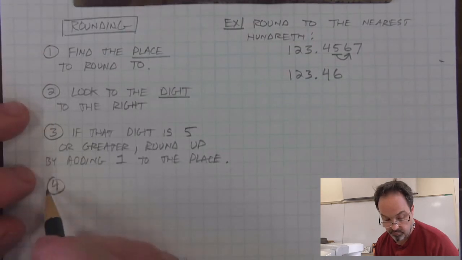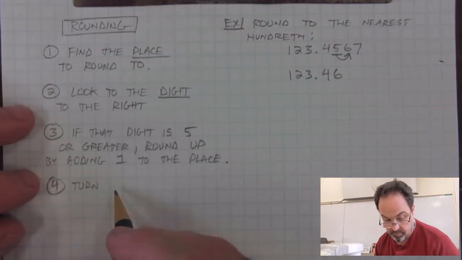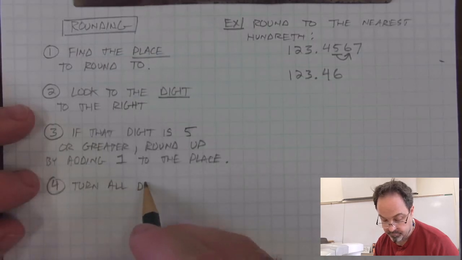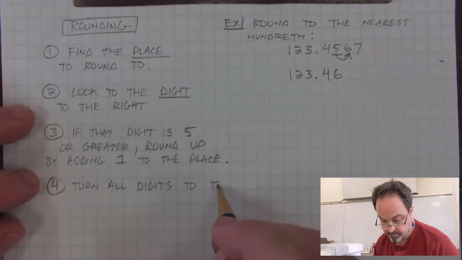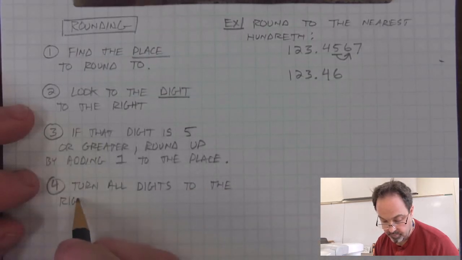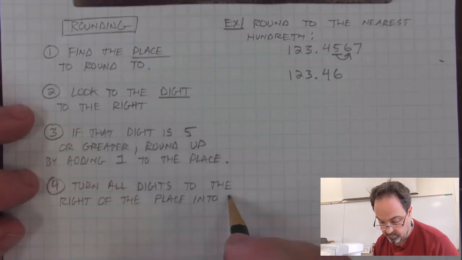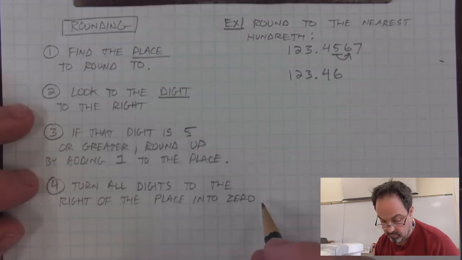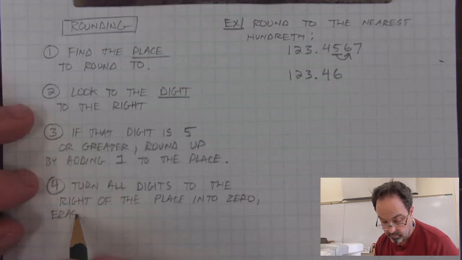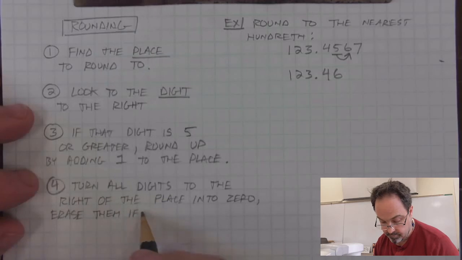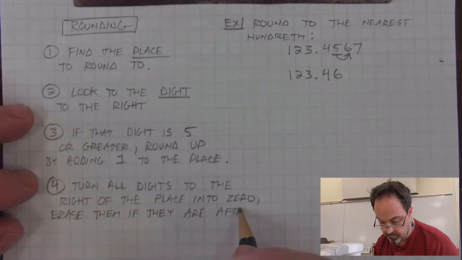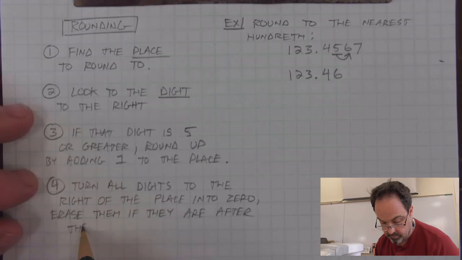And then, turn all digits to the right of the place into 0, or erase them if they are after the decimal point.